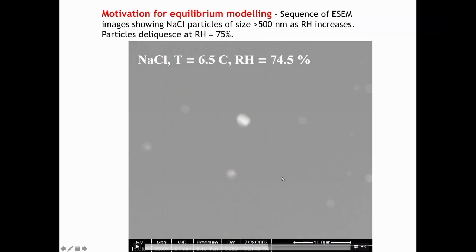If you step through for pure sodium chloride particles, you can see that at the transition point from about 74% relative humidity here to 75% relative humidity here, you've got a very abrupt transition in these particles. So these are sodium chloride particles which show a very, very abrupt transition. So there's no contamination in these particles.